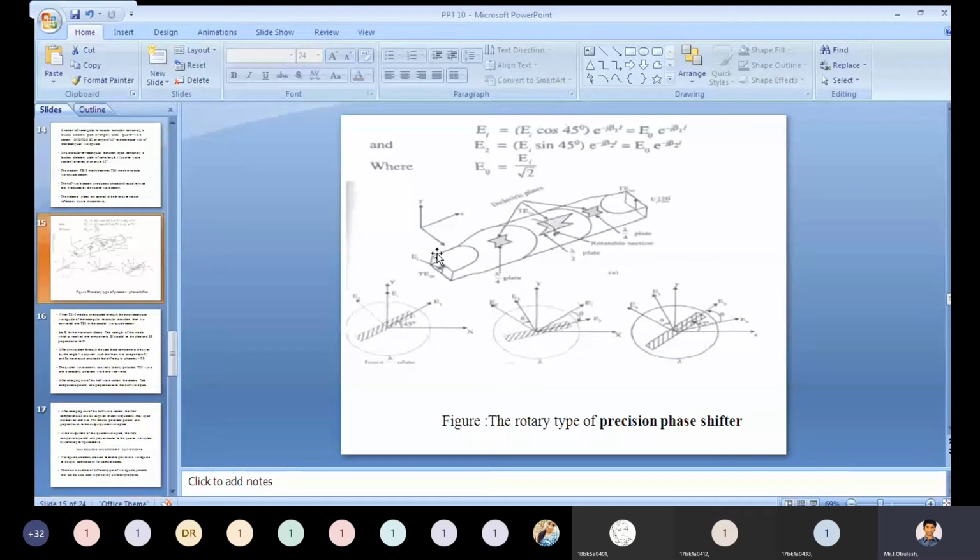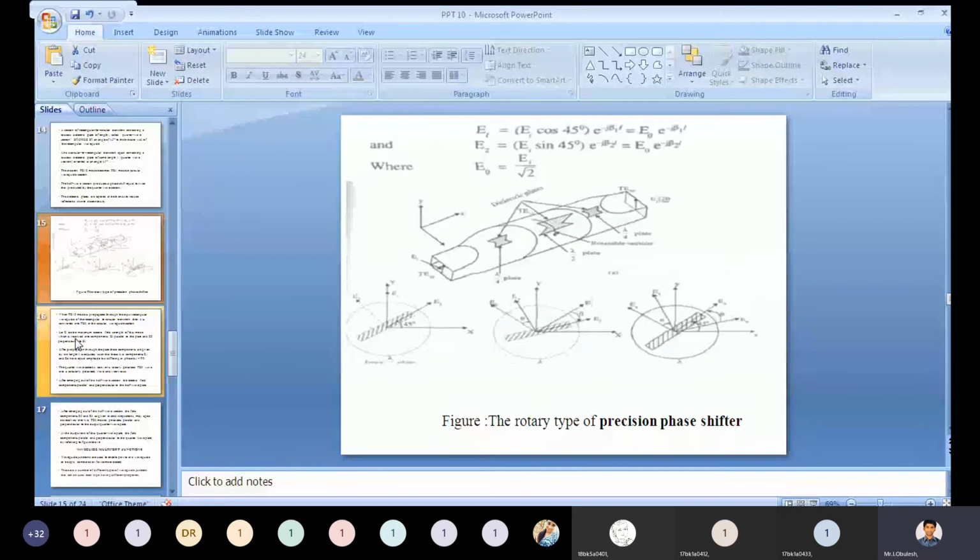If we have a rectangular guide we have three directions, and from those we choose only x and y directions. So in the z direction the electric field will be equal to 0, and the magnetic field we need to calculate in the z direction.